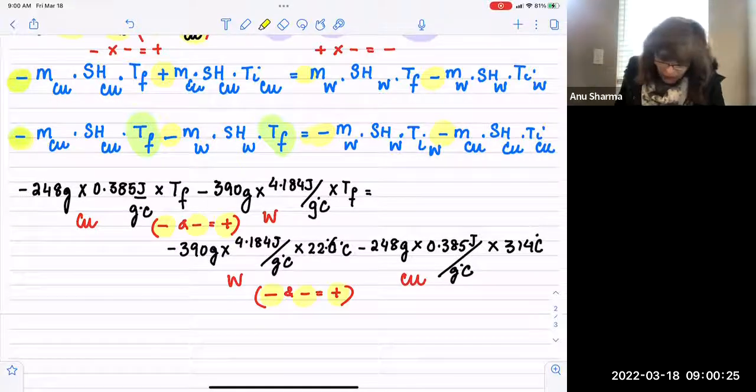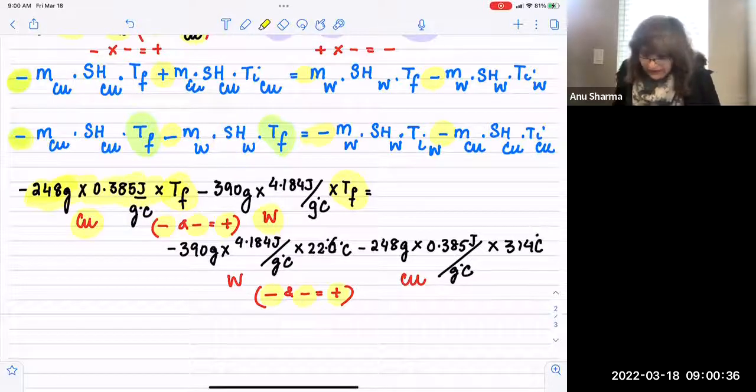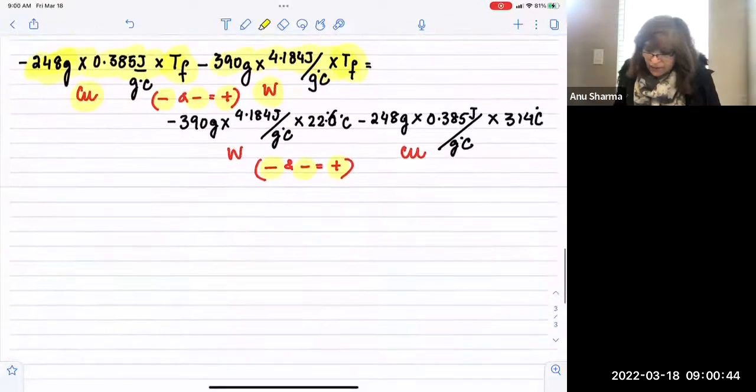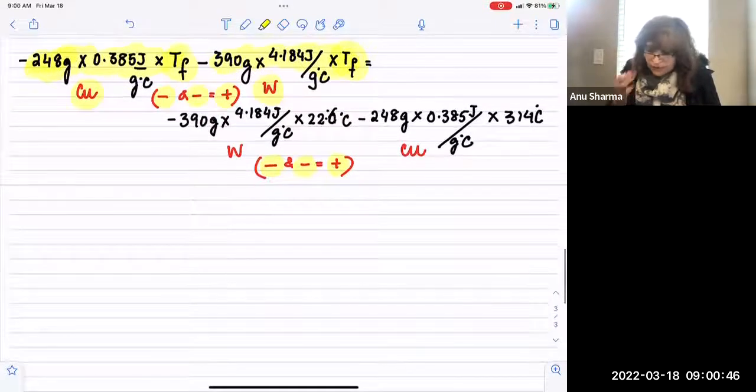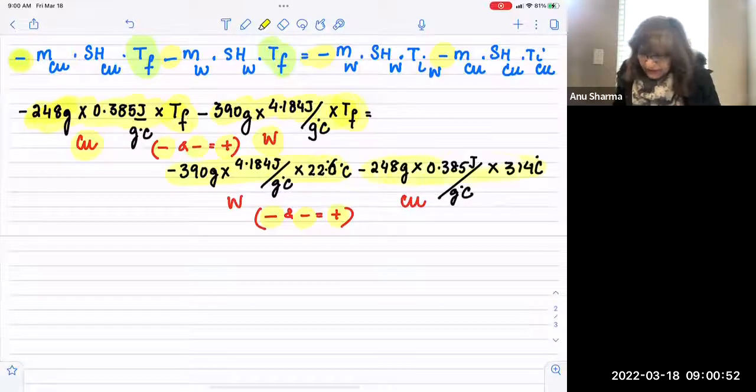So we put the copper on one side and the water on one side with the T finals. This is the unknown. All this is T final, and this is another T final for the water. Remember that the T final is the same for both of them, because after the copper is put in the cold water, the heat equalizes. And then here we have the T initial. This whole thing is known, and this whole thing is known.